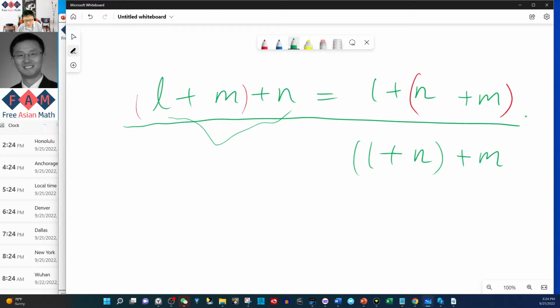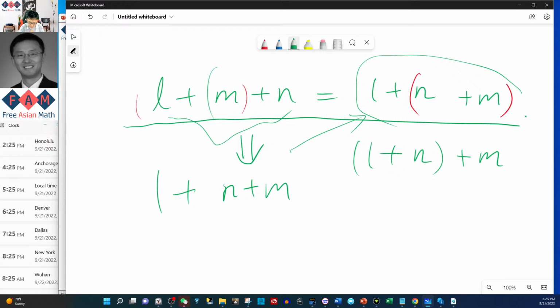Why? Because we have the commutative law, right? In this case, you can actually perform a commutative law first, convert this into L plus M plus N. This will be based on the commutative law, because when you add those 2, you can swap the order.